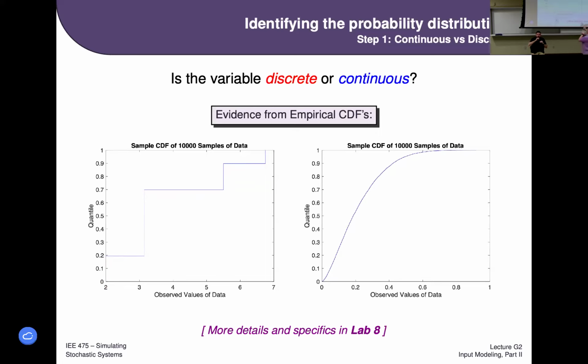So if you get practice, if you look at this, you can see the histogram. You can see the probability mass function, and it's the height of those steps. They just happen to be stacked on top of each other. Over here, for continuous data, if I do that same exercise, I get no vertical steps, so no repeats. And so instead, I get this nice smooth rise. And so that's what a continuous CDF looks like.